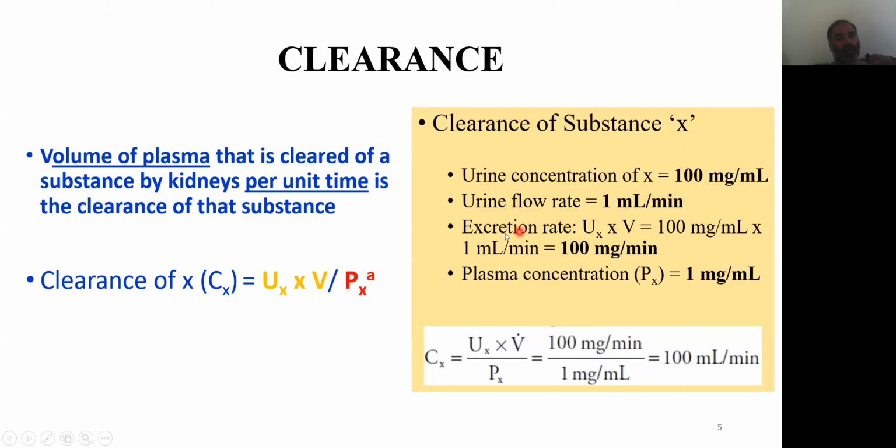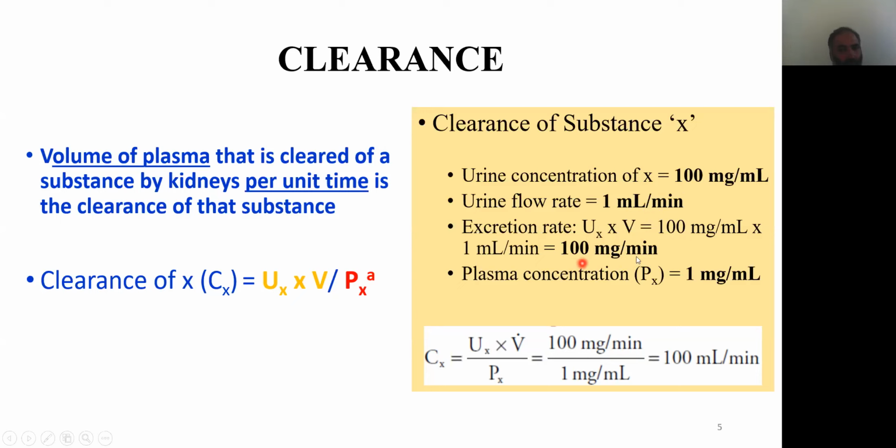Then you have the excretion rate: when you multiply the amount of this substance in the urine, which is 100, by the rate of urine formation, which is 1 ml, you simply get 100 milligram per minute. But now you get a rate. So it's very important that you concentrate on the units here.